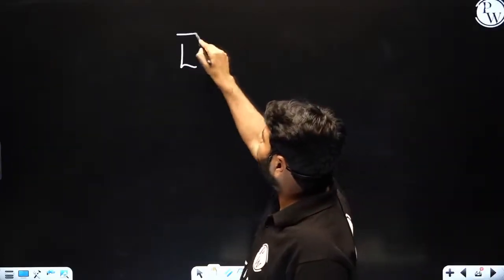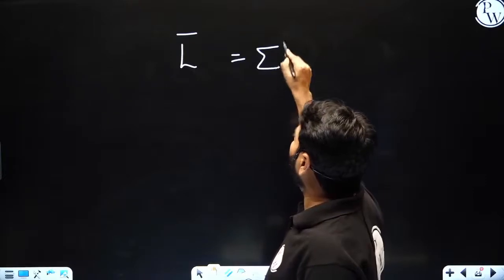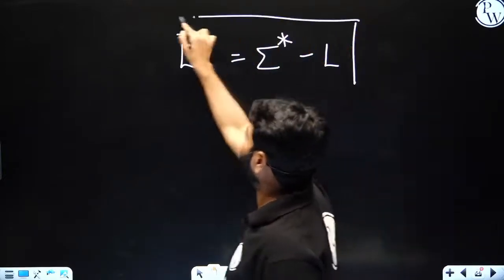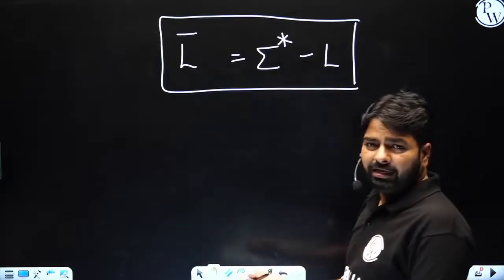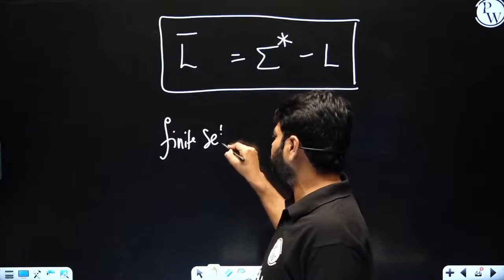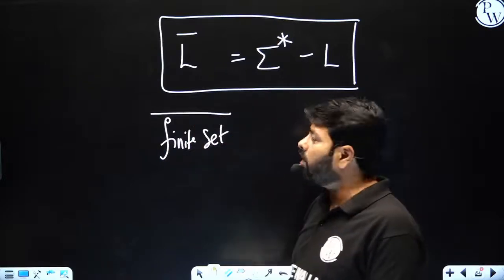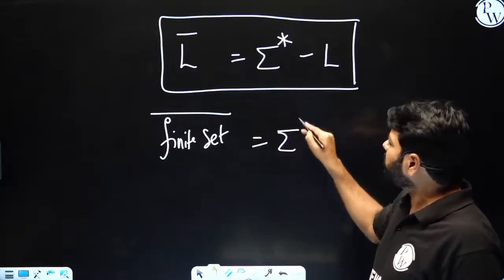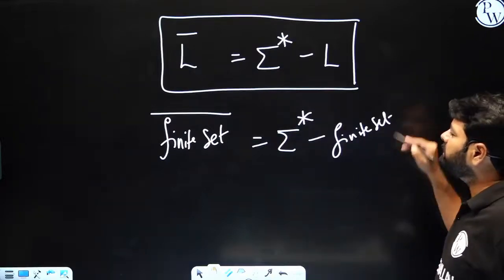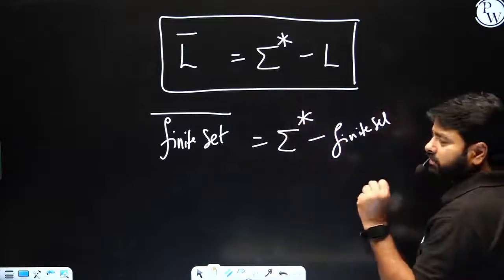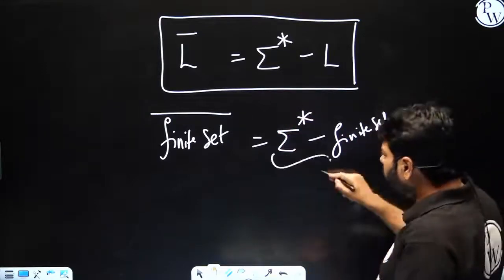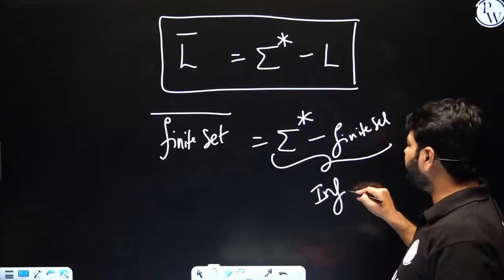The definition of L complement is: from the whole universal language, you delete L. So if you want the complement of a finite set, from sigma star you have to delete that finite set. You know sigma star is already an infinite set. From this infinite set, you delete the finite set, and still you will get an infinite set. The result is infinite.